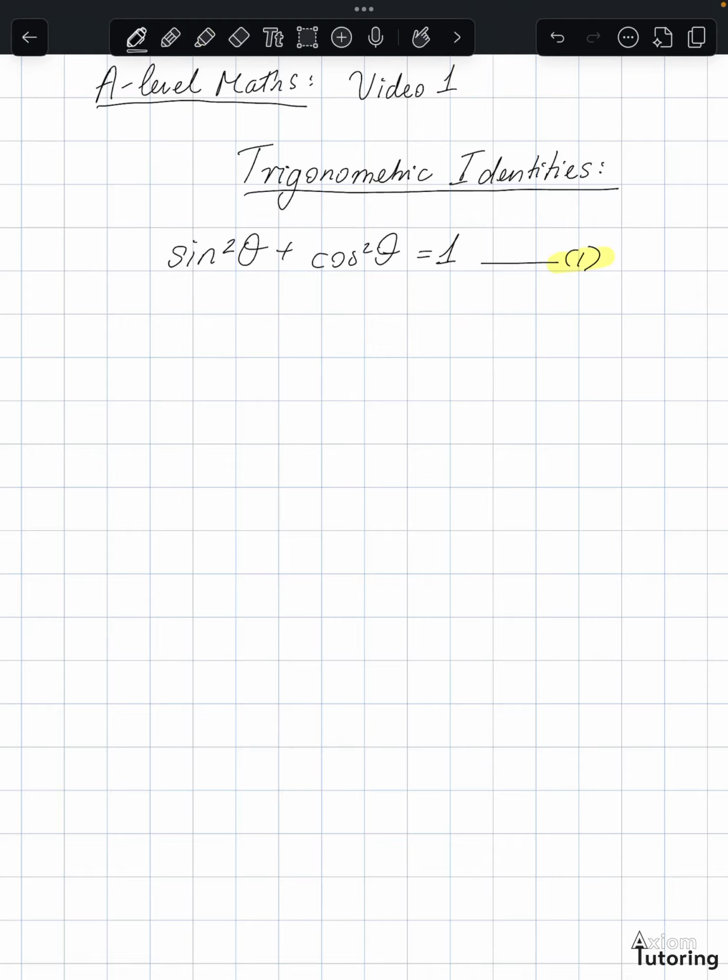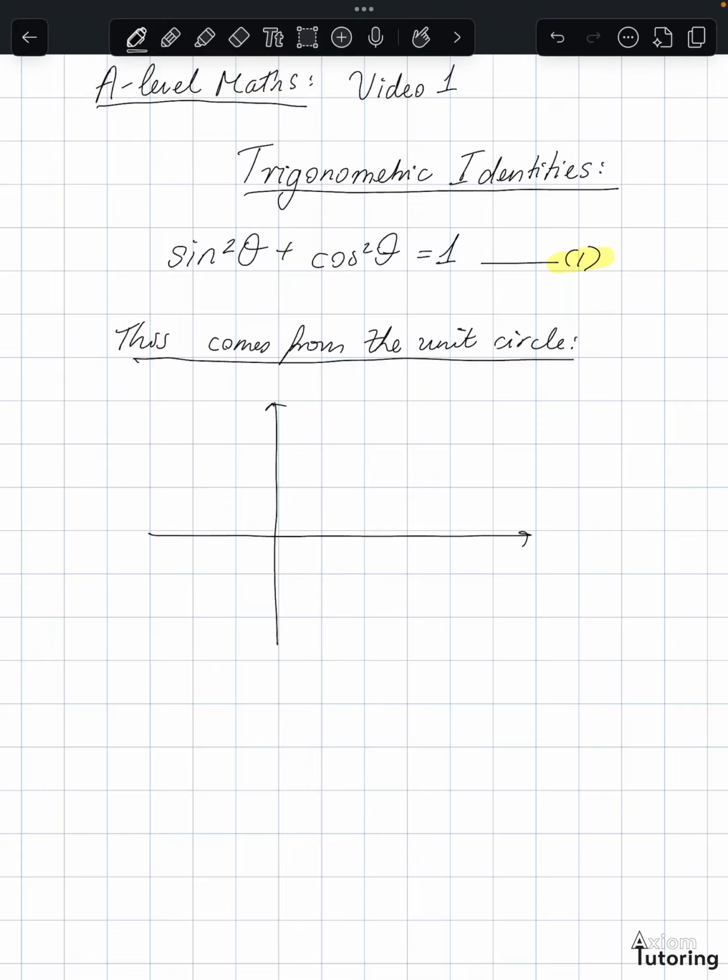Now, this identity comes from the unit circle. So I'm going to sketch it here below. I'm going to first start with sketching the x and y axis, and then sketching a circle approximately of radius 1.